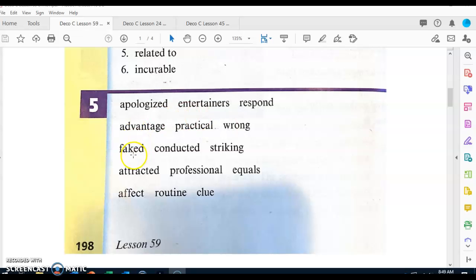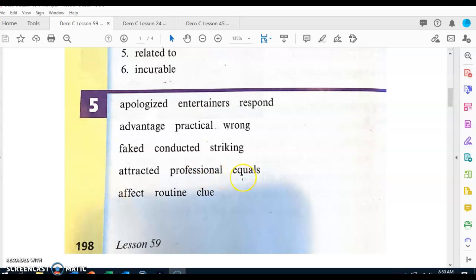Wrong. Next word. What word? Faked. Next word. What word? Conducted. Next word. What word? Striking. Next word. What word? Attracted. Next word. What word?